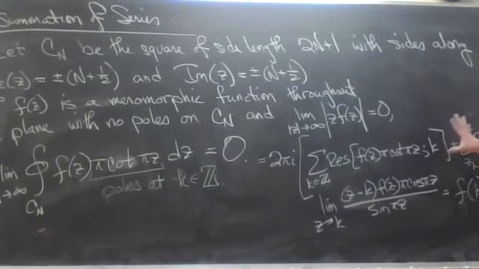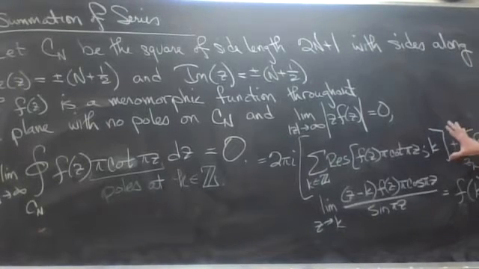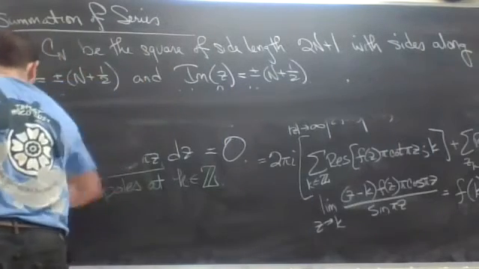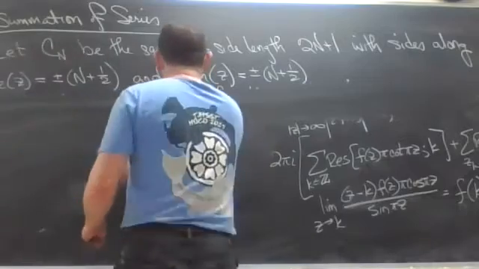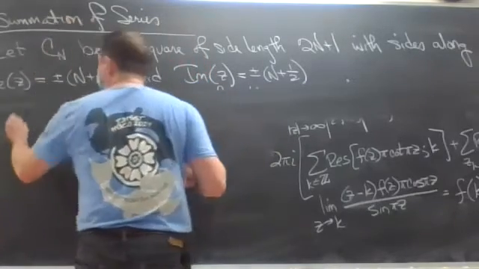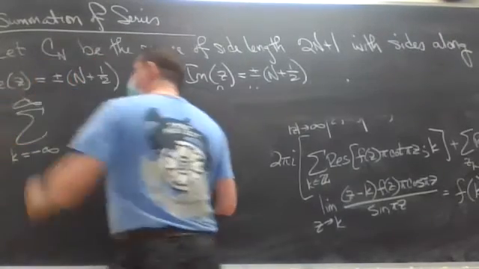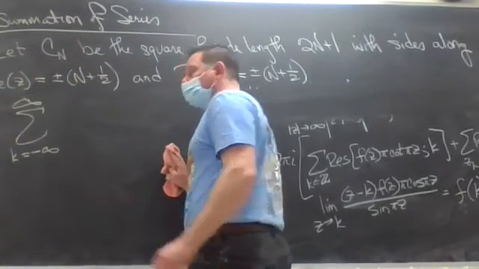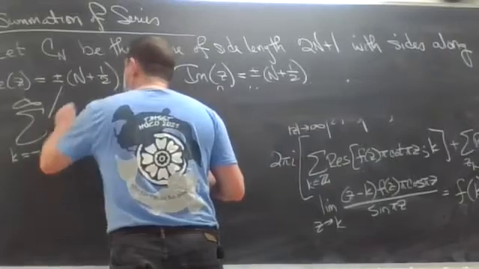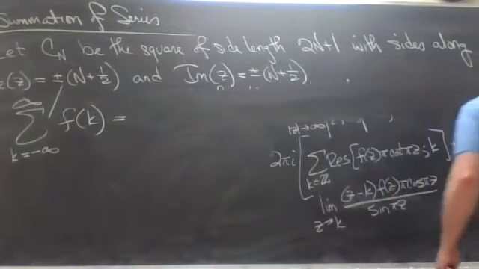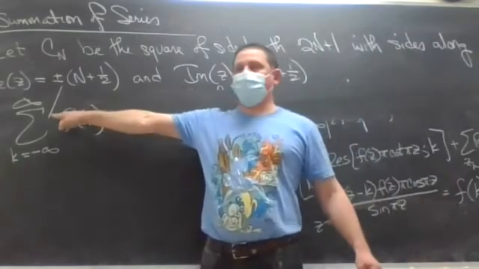Anyway, since this is 0, it tells us the following very, very useful formula. The sum from K equals negative infinity to infinity of F of K, where I have a prime here.